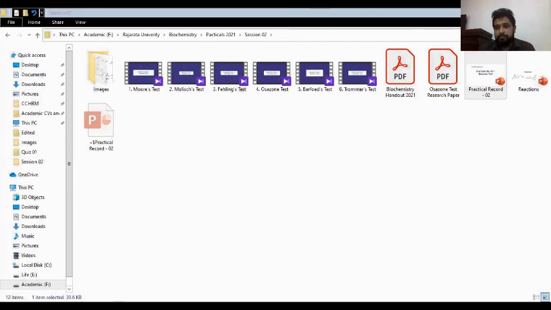Yes, you can add. You are free to do that. Usually, the practical record is... I don't know if you can see this. No, I think this is not clear. One student had asked if it's okay to add raw figures.